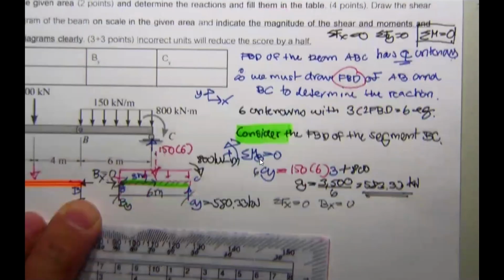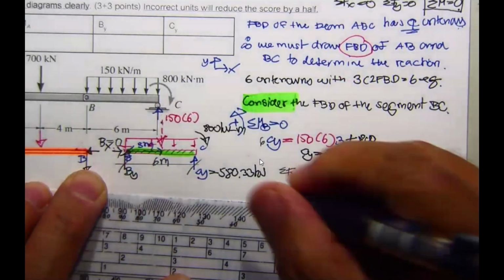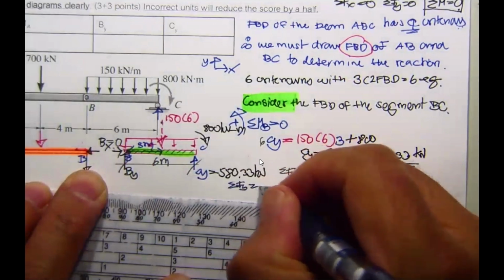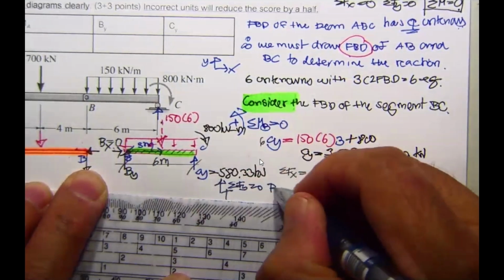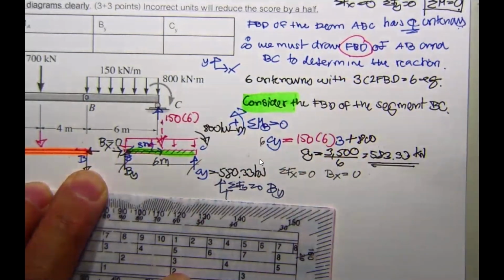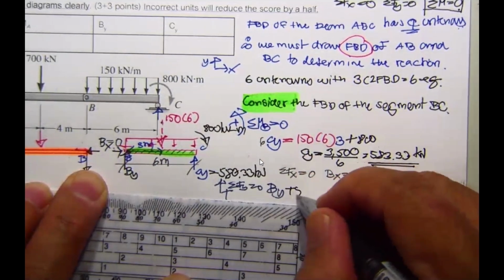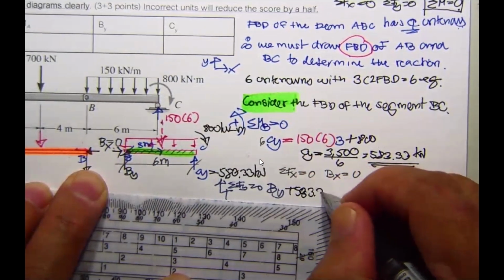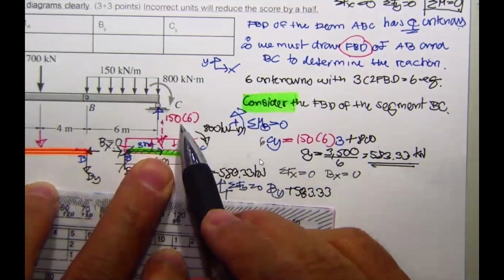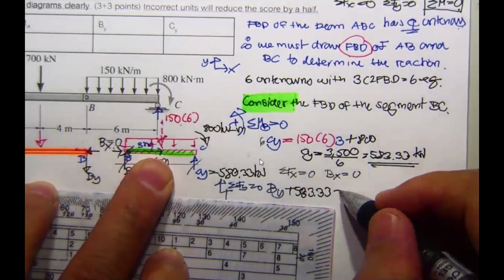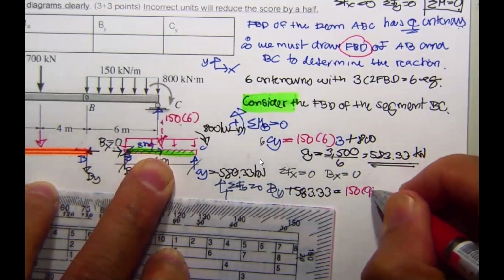The last one, summation of F sub y equal to 0, with B sub y upward positive: 583.33 upward, and the resultant force downward, minus 150 times 6.